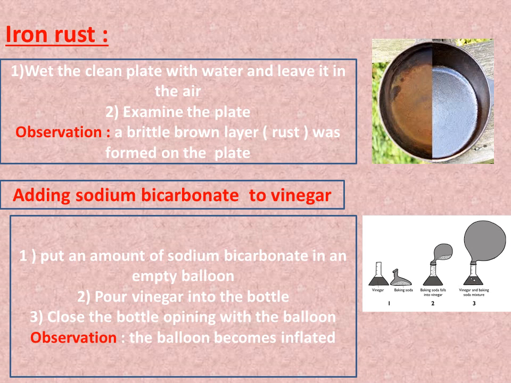So adding sodium bicarbonate to vinegar is a chemical change because the shape and the structure change, producing a new substance called carbon dioxide, and this is why the balloon inflated.